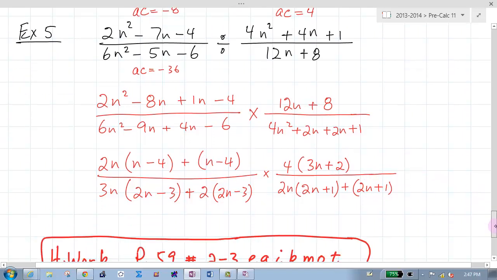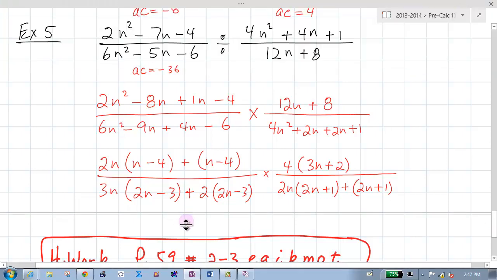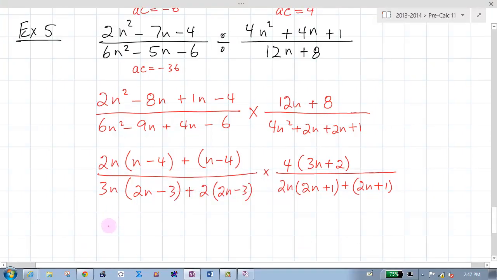Now I'm going to write them as product of factors. So I'll get n minus 4 as the common factor taken out. 2n plus 1 is the other factor.